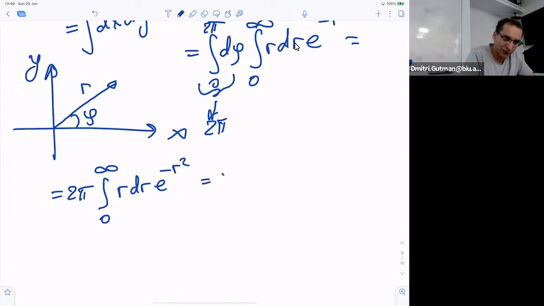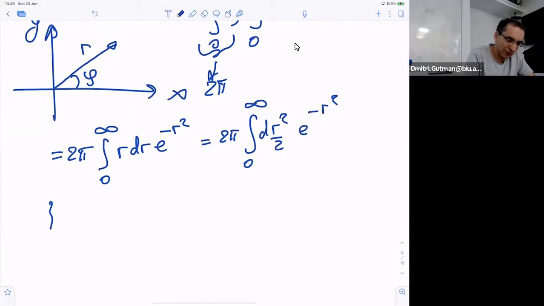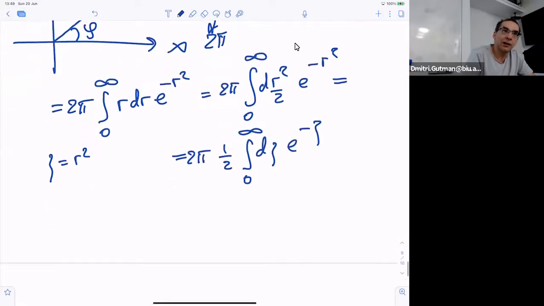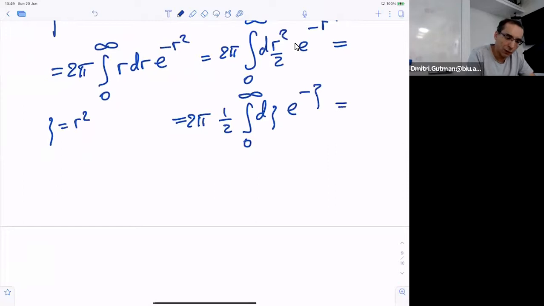which we can write as 2 pi times the integral over d r squared over 2, e to the minus r squared, from 0 to infinity. Now let's call r squared by a new name. So then this integral becomes 2 pi times 1/2 times the integral from 0 to infinity d xi e to the power minus xi. But this integral we already know how to compute. 2 pi divided by 2 times e to the power minus xi with the minus sign, from 0 to infinity.